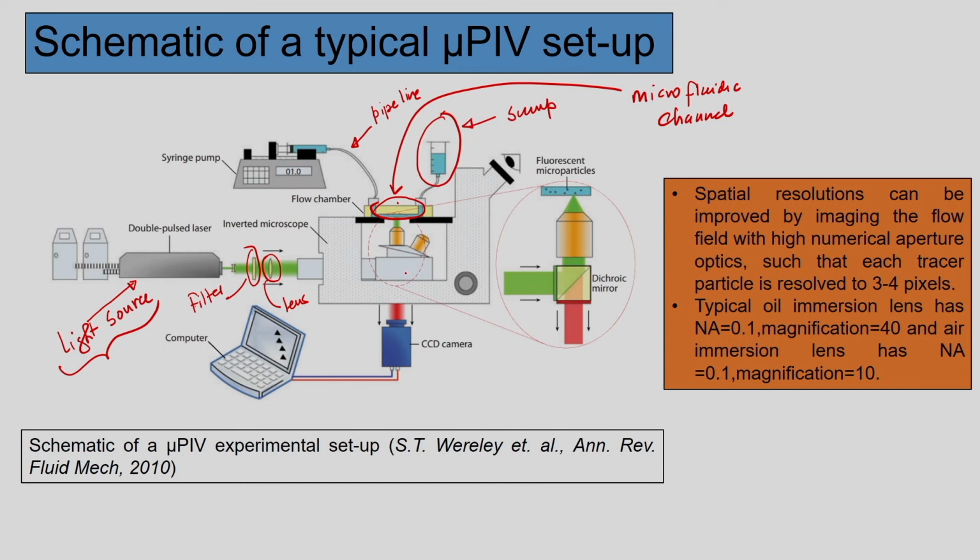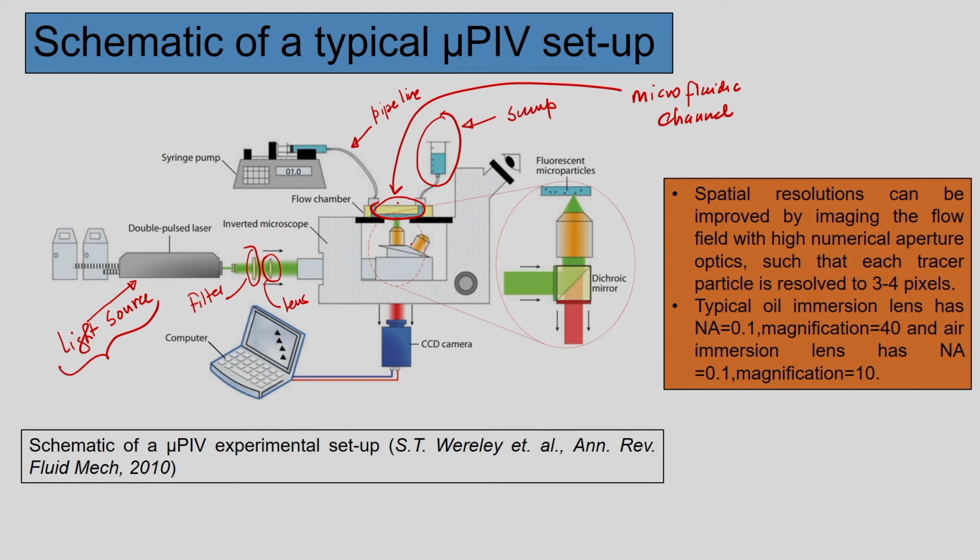So this portion is shown through this zoomed in diagram, and we can see the light which is coming from the laser is taken into a dichroic mirror, and this dichroic mirror has two important functions that we will discuss very soon.